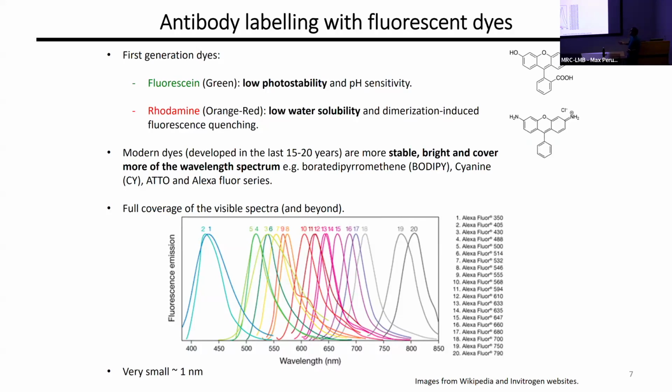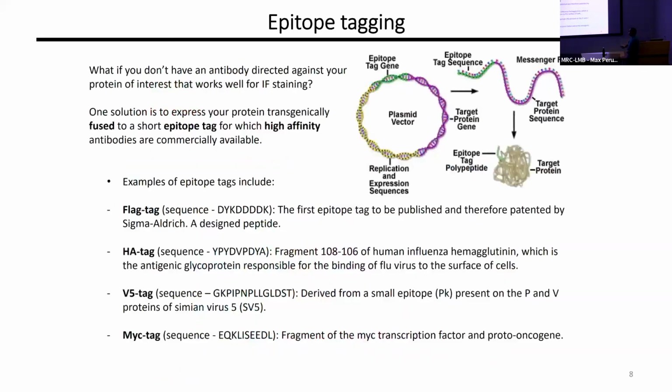But then you have more modern dyes that were created in the last 15 to 20 years, which include some that you already used or heard about, like the cyanines, Cy5 and Cy3, and the Alexa Fluor series, with all kinds of Alexas covering a long range of the visible spectrum. These are the molecules that will be attached to your antibody and make your labeling possible with immunofluorescence.